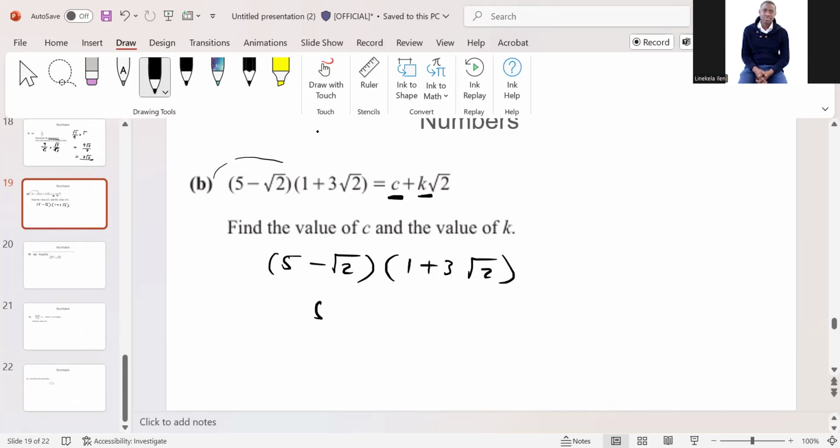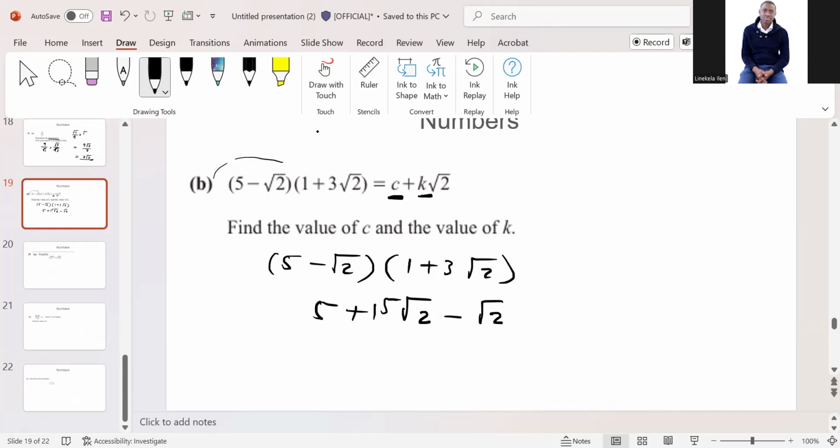5 times 1 is 5. 5 times 3√2 will give us 15√2. Negative, be careful. It's negative 1 times 1, that will be negative √2. Negative √2 multiplied by positive 3√2.